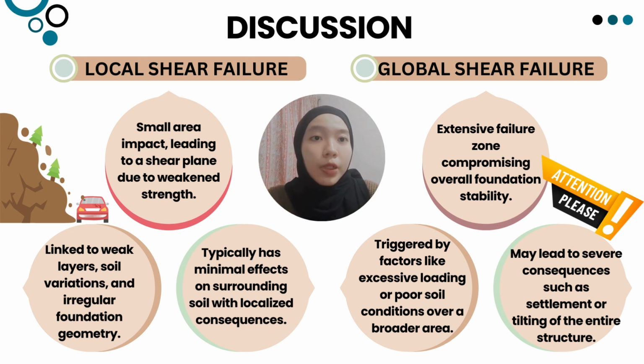For global shear failure, the first is that it includes an extensive failure zone compromising overall foundation stability. Second, it is triggered by factors like excessive loading or poor soil conditions over a broader area. The last is that it may lead to severe consequences such as settlement or tilting of the entire structure.